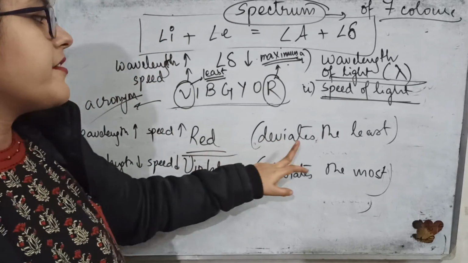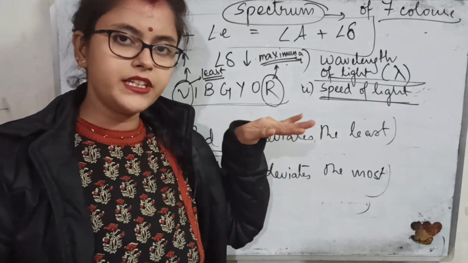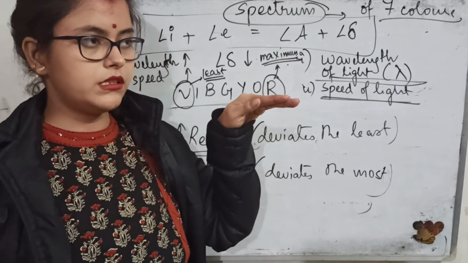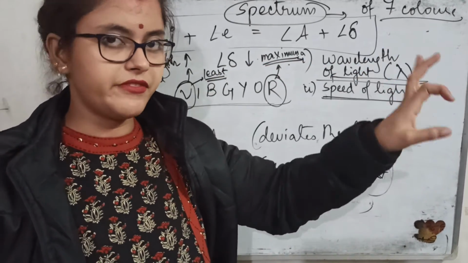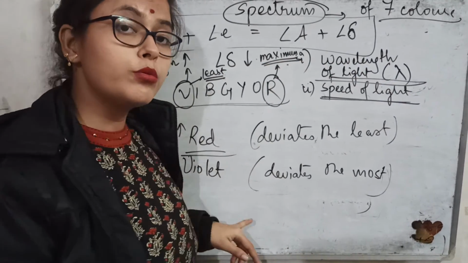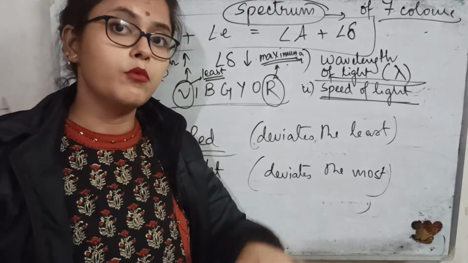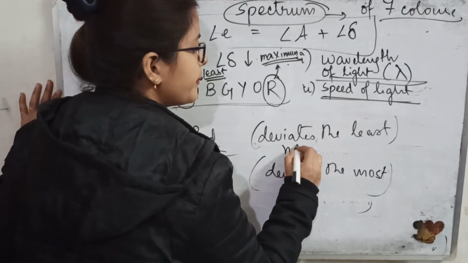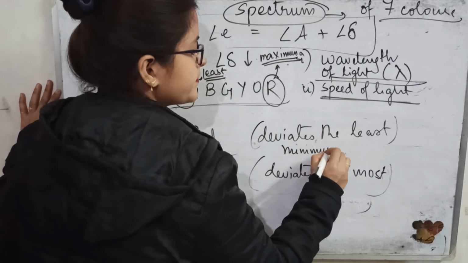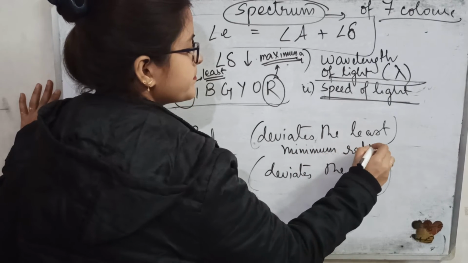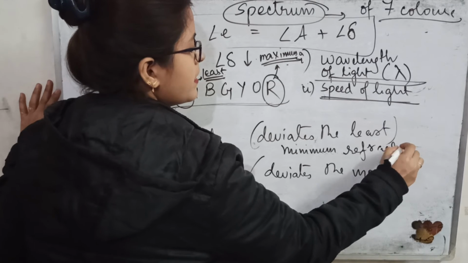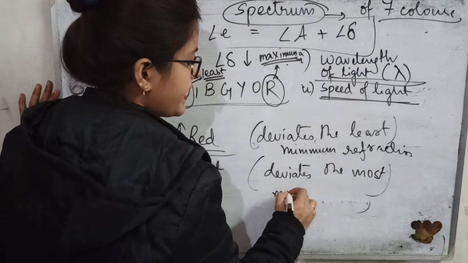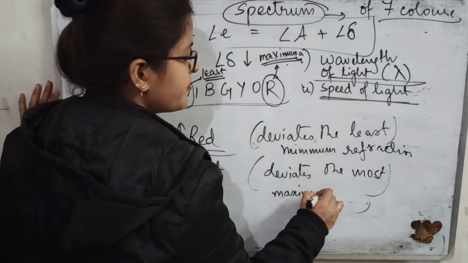So, red deviates the least. The angle through which red color deviates is very less. But the angle through which violet color will deviate, that is the most. So, red shows minimum refraction, but violet shows maximum refraction or maximum deviation.